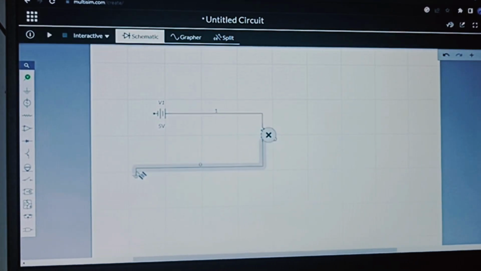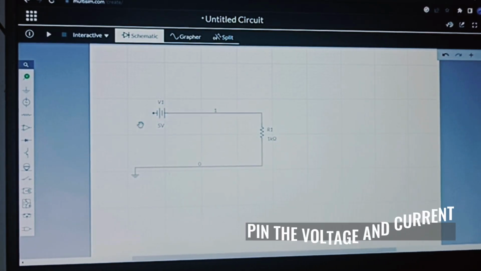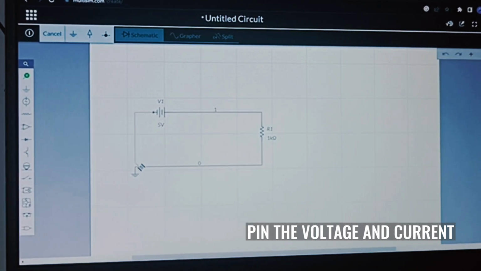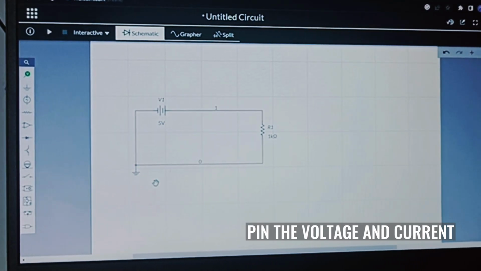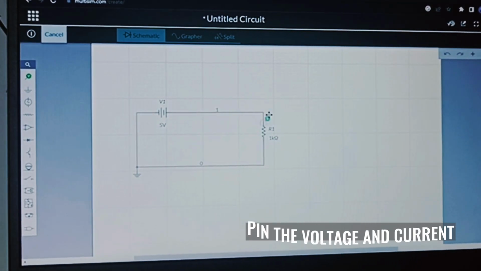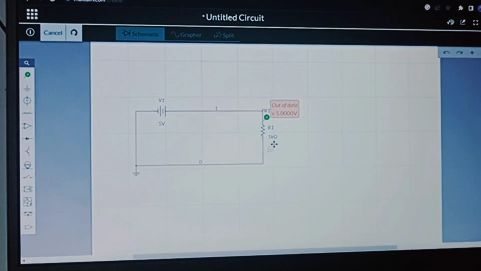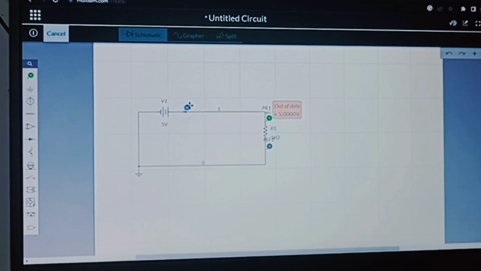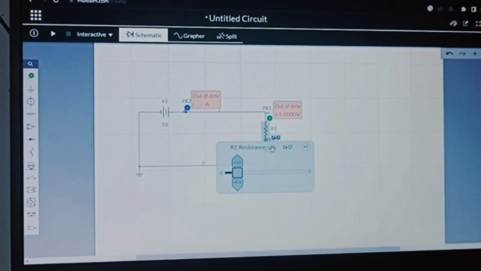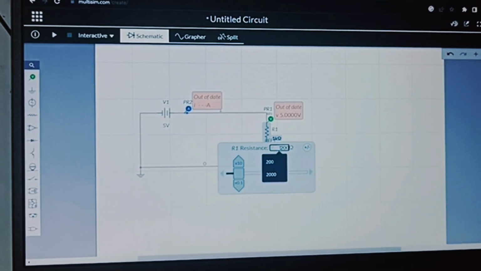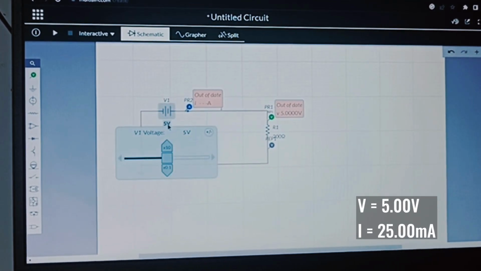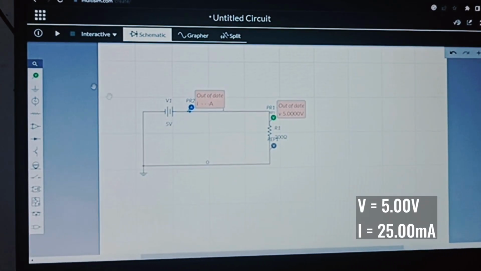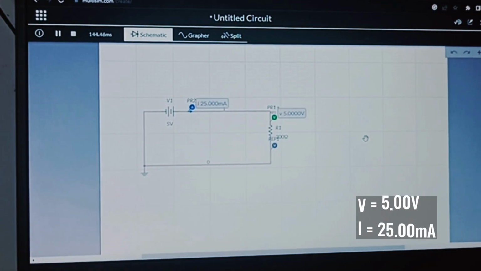After finish connecting them, we pin the voltage and current annotation at the circuit to get the data of voltage and current. We get 25 milliampere and 5 volts for this circuit.